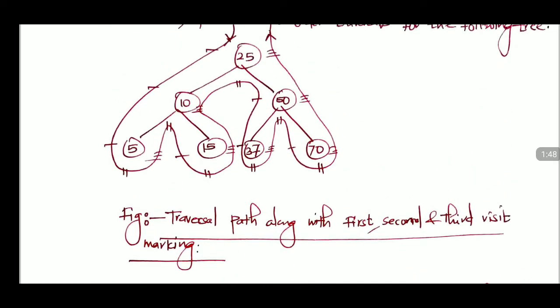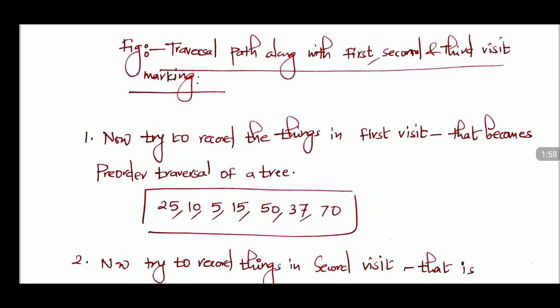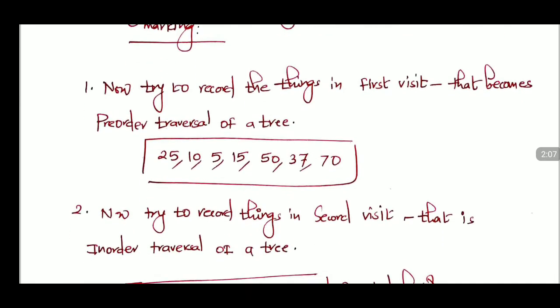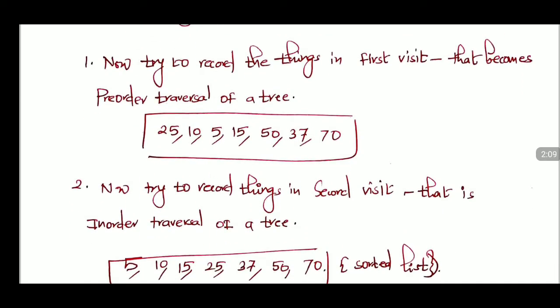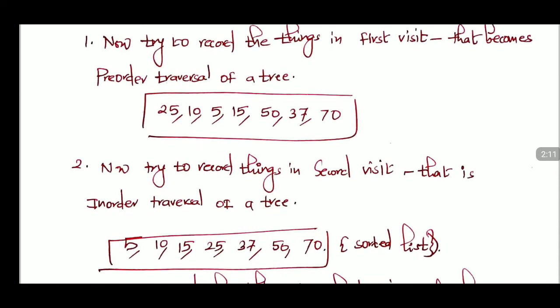Recording the first visit we get 25, 10, 5, 15, 50, 37 and 70. So 25, 10, 5, 15, 50, 37, 70 is the pre-order traversal of the given binary search tree.